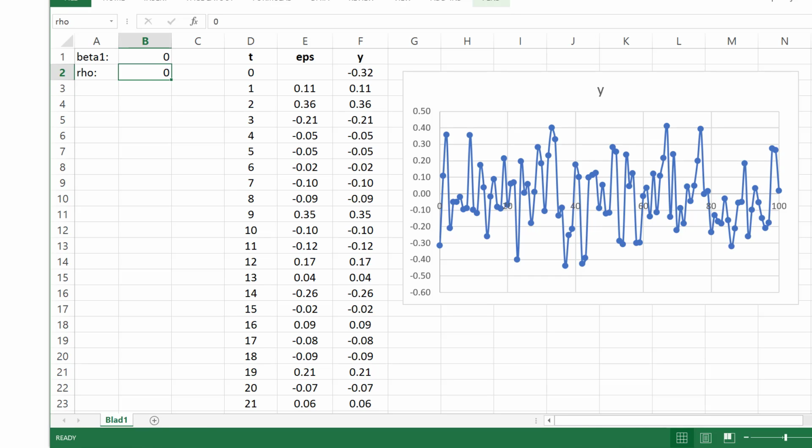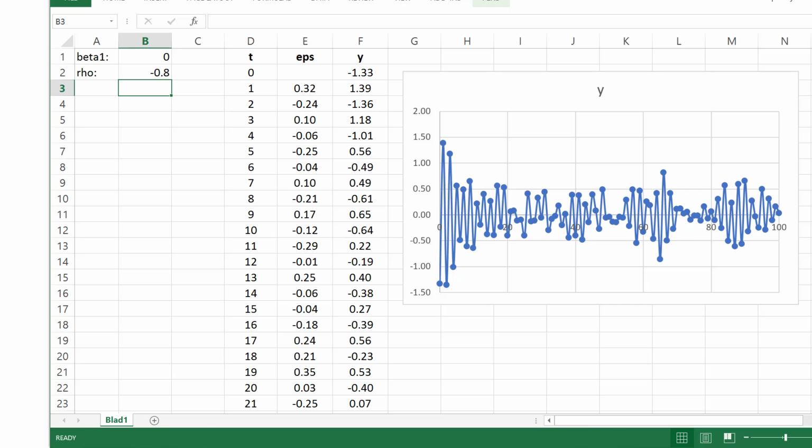So let's make this minus 0.8, and we can clearly see this effect. So for example, y0 is negative, y1 is positive, y2 is negative, y3 is positive, and so on. So it keeps on sort of jumping up and down like this.